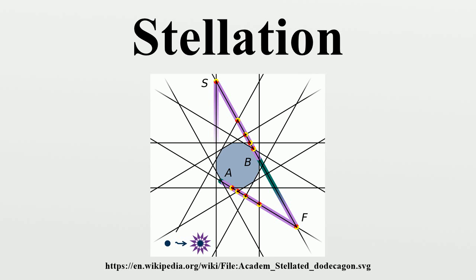Uccello's depiction was used as the symbol for the Venice Biennale in 1986 on the topic of art and science. The same stellation is central to two lithographs by M. C. Escher, Contrast, 1950, and Gravitation, 1952.